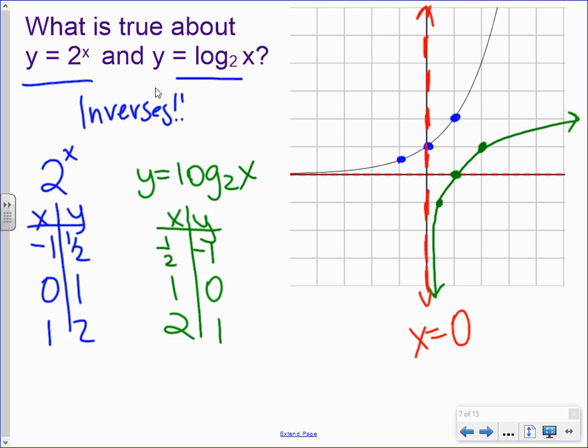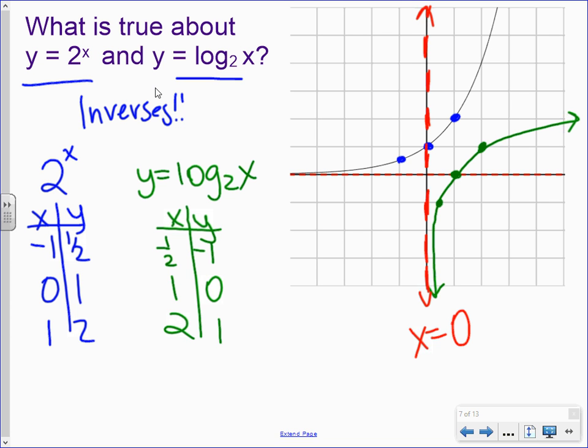When we worked with exponential functions, I wanted you to plug in -1, 0, and 1 to your x column. Correct? Okay. When we talk about logarithms, I want -1, 0, and 1 still, but what column are they going to go in? They're going to go in the y column. Those x, y values are going to switch.